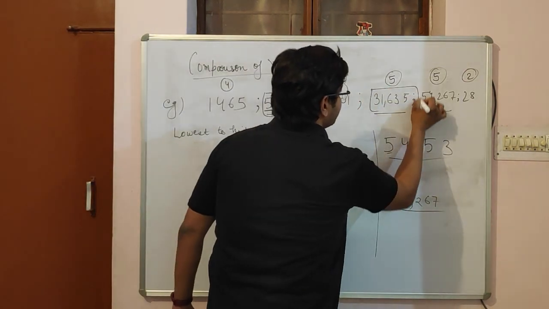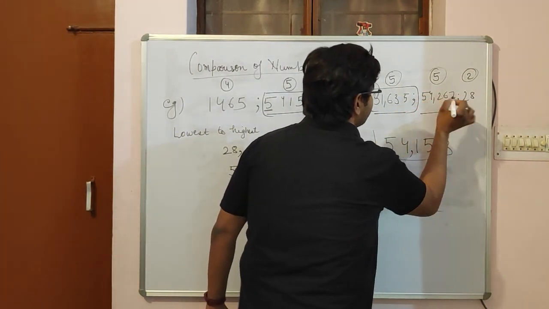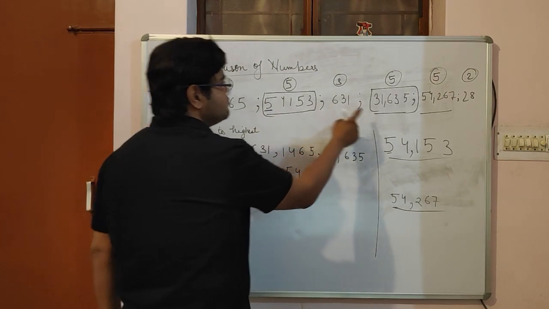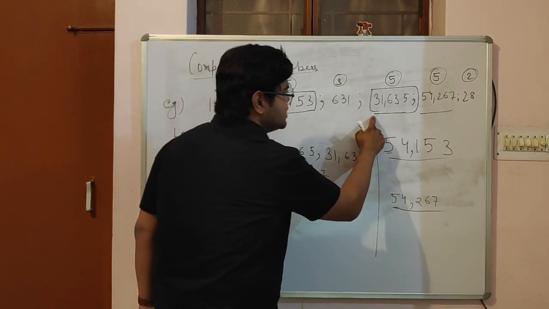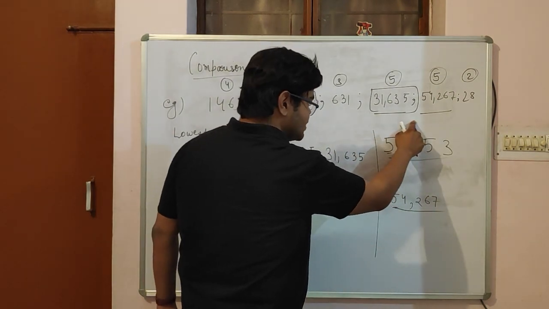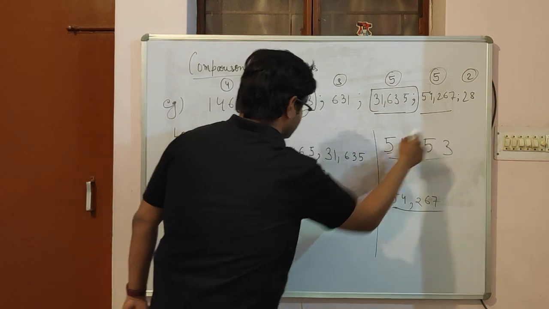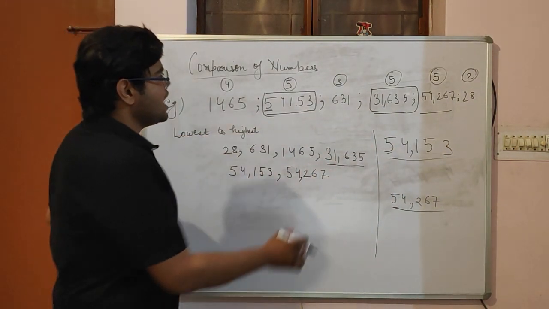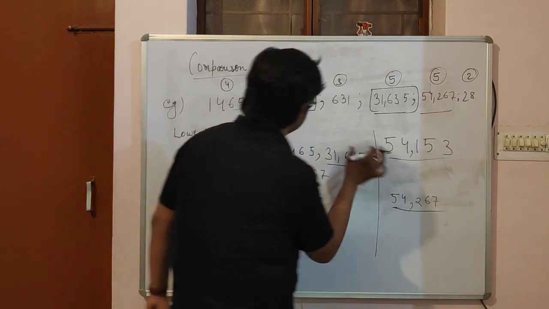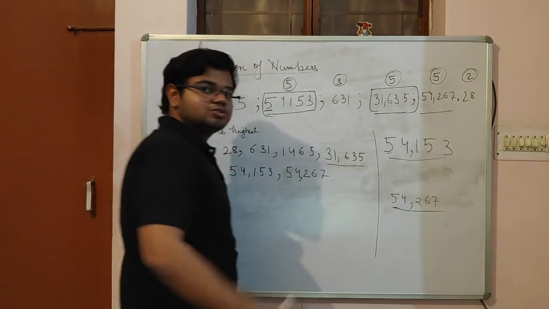Here it was 3 and here it was also 5. So out of 5, 3, 5, which one was the smallest? 3. So this number 31635 is the smallest of these 3. So what did we do? We wrote 31635 here. Now after this we were left with these 2 numbers, 54153 and 54267.